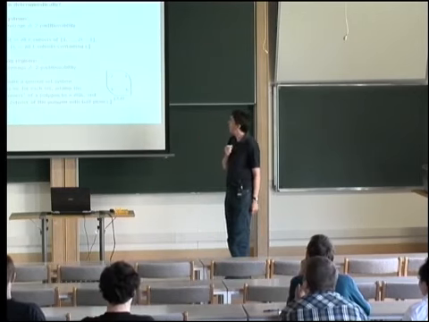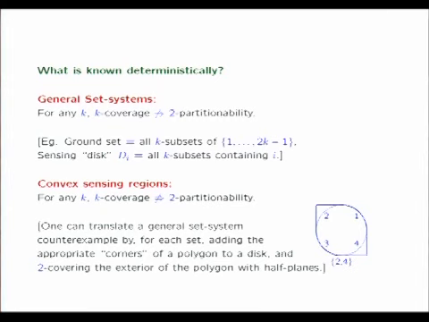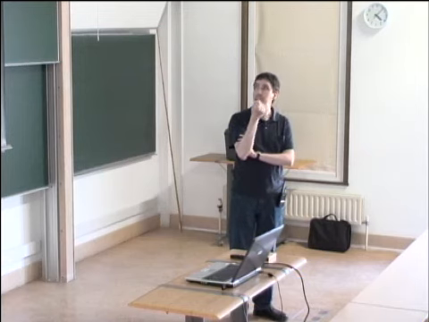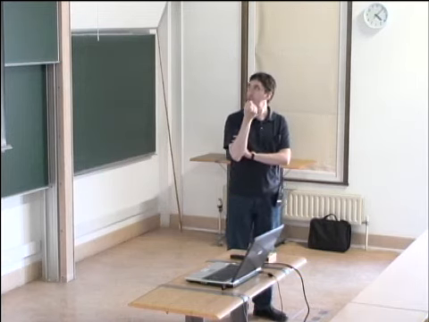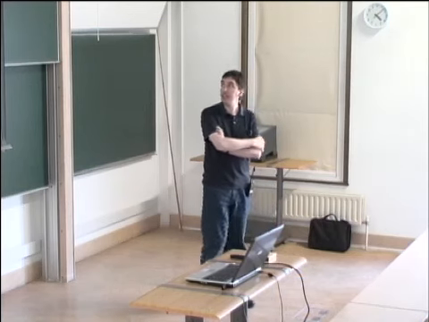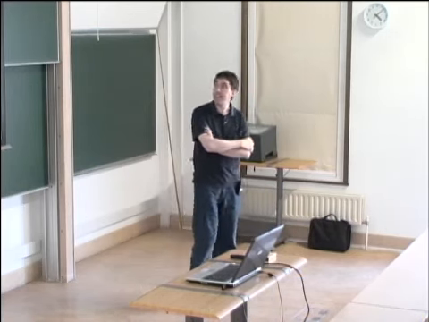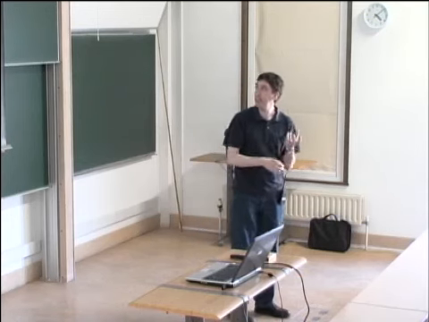This is a slightly abstract example, but it gives the point. If our ground set were indexed by the subsets of 1 up to 2k minus 1 of size k, and the disk I covered all the k subsets containing a particular point I, then it's pretty clear that every k subset is in k of the disks.